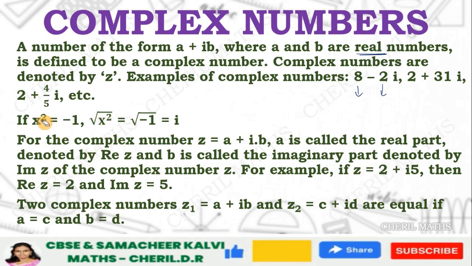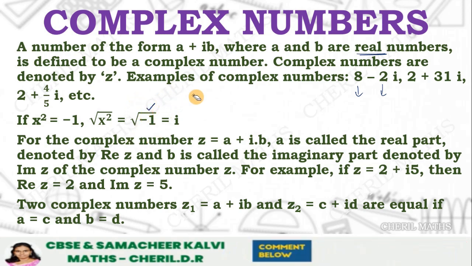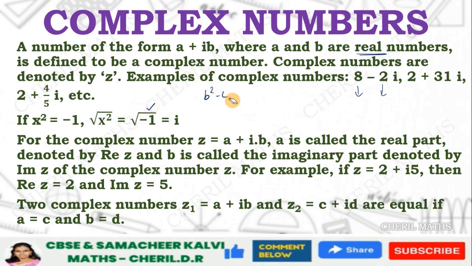Now, if you are going to consider some value x square is equal to minus 1, and you take the square root of it, you are going to have square root of minus 1. Do we know the value of root minus 1? We do not know. Only when we came to that kind of case, we said that it is not real, because your b square minus 4ac, when it is negative, so in our x square plus 1, we got the value to be minus 4.